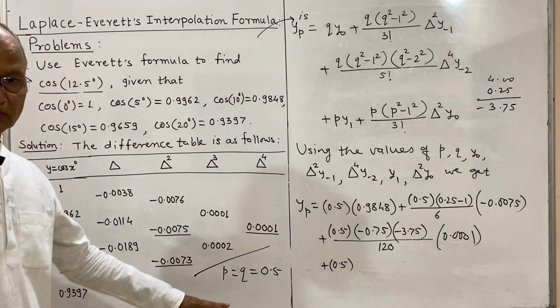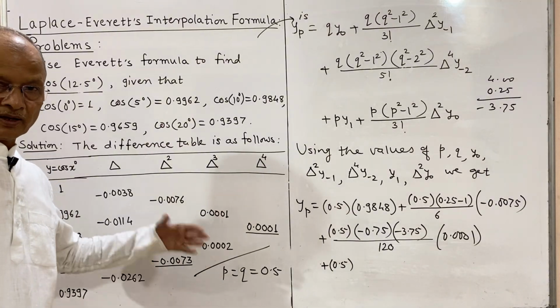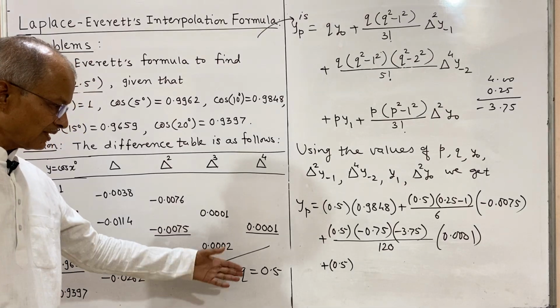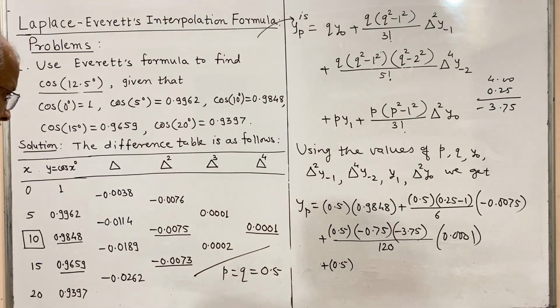Here these two values are equal in this problem. Otherwise we know the relation between p and q. If p is obtained, then q is 1 minus p.